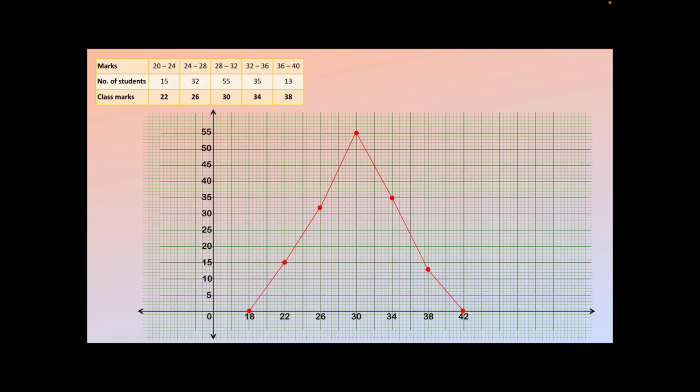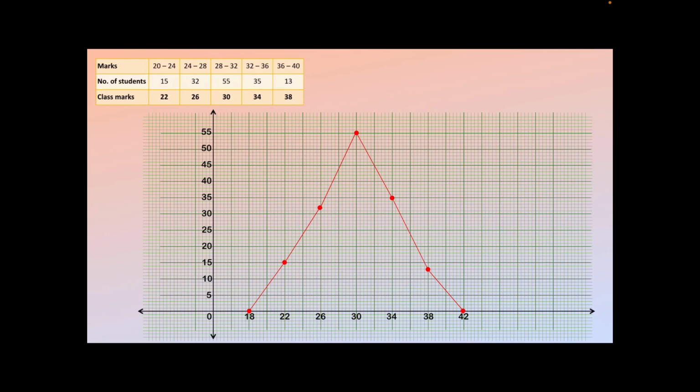After 18, if you see the scale, every 2 units the marks are going up by 4. But this is not the case with the first 2 units. From 0 it is directly going to 18 and then it is increasing by 4.